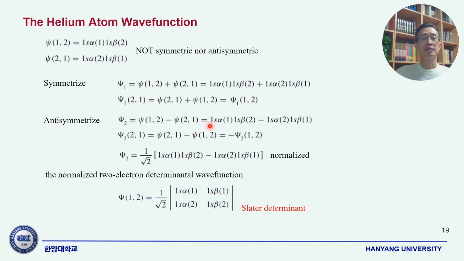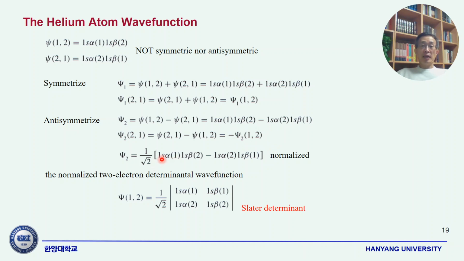In that case, 1s alpha 1, 1s beta 2, minus 1s alpha 2, 1s beta 1. If you interchange 1 and 2, you get psi21 minus psi12, which is minus psi12. So psi21 is minus psi12, which is antisymmetric.